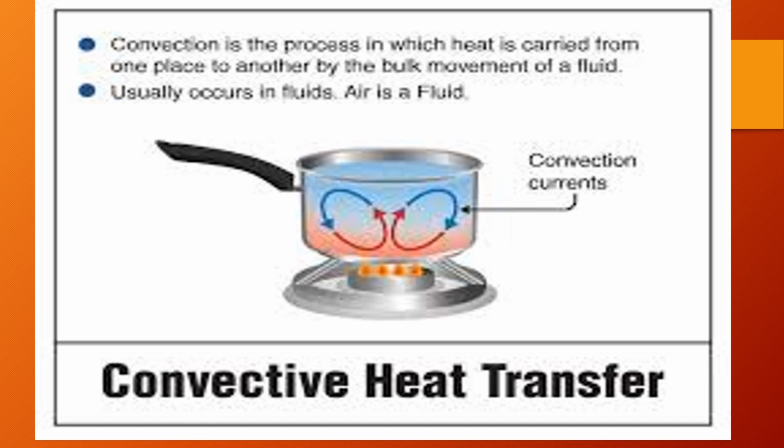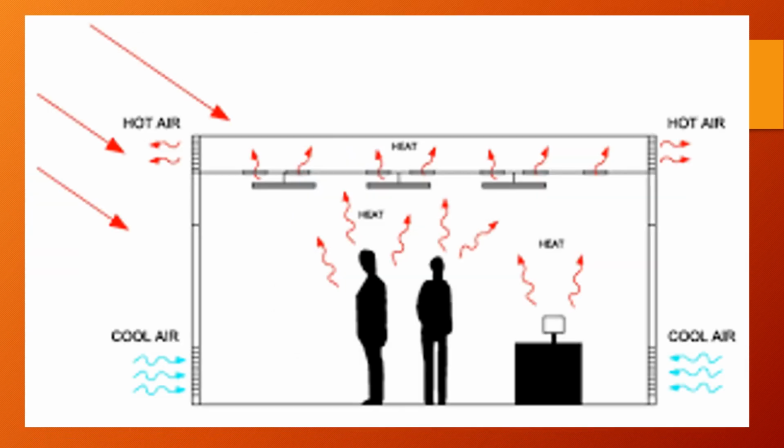Now, convection is the process in which heat is carried from one place to another by the bulk movement of a fluid, usually occurring in fluids, that is in gases and liquids. This is how every body radiates heat energy. It depends on how the heat is being supplied to or given out to the environment.